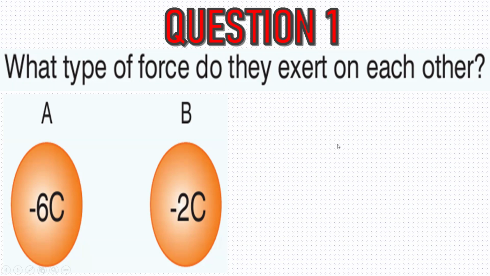We have two charges, object A and B. Object A has -6 coulombs, C is coulombs, and object B has -2 coulombs. So you just check whether they have the same charges, negative or positive. If they have the same charges, we have a repulsive force.